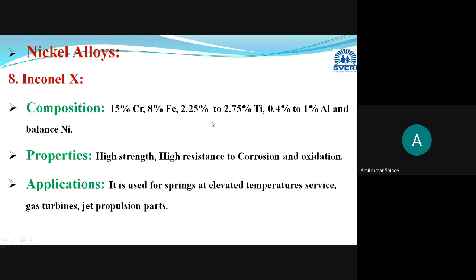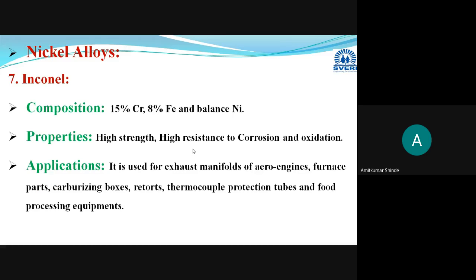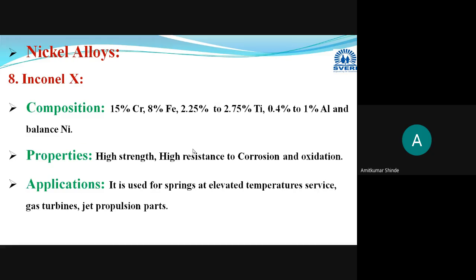Now, due to the addition of titanium, which properties will be improved? High strength, and high resistance to oxidation and corrosion. But due to the addition of titanium, you can use this Inconel X at higher, that is elevated, temperature conditions.